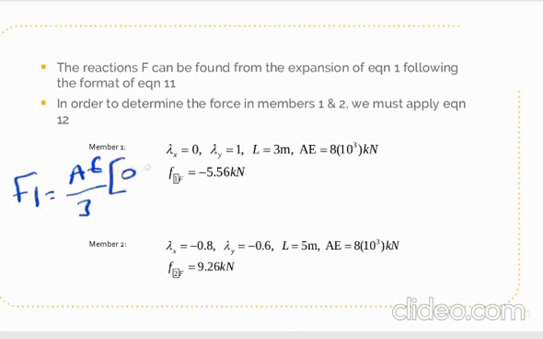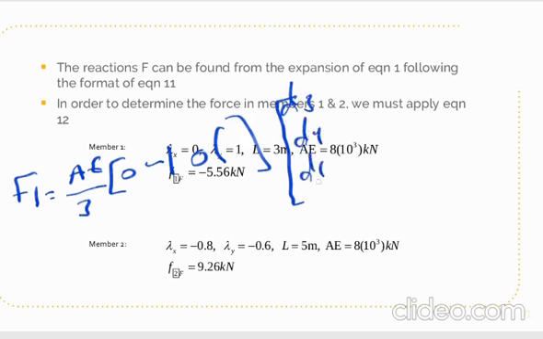Lambda x for member 1 is 0. Lambda y for member number 1 is minus 1. Minus lambda x is 0. And minus lambda y for member number 1 is 1. And then the displacements D3, D4, D1 and D2 depend on the near and far nodes.